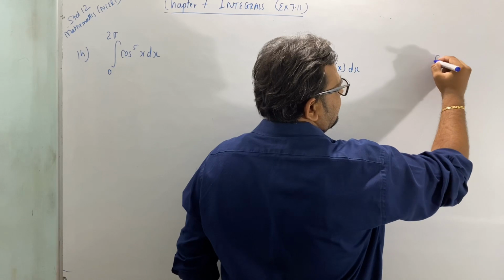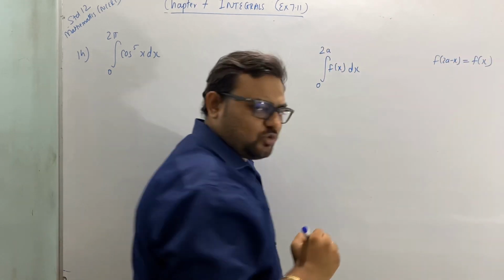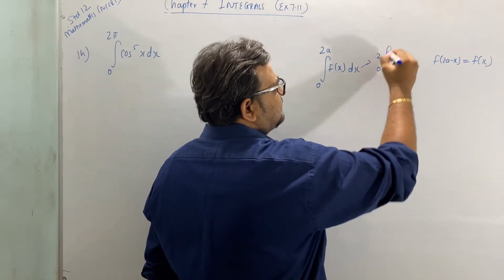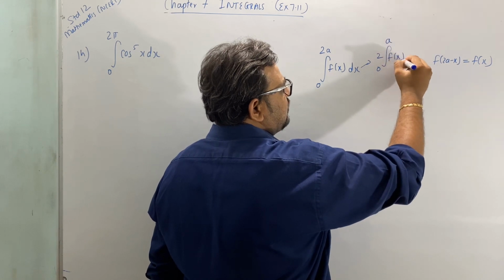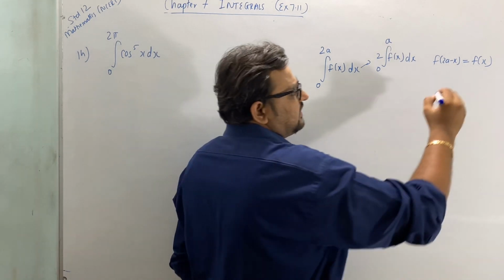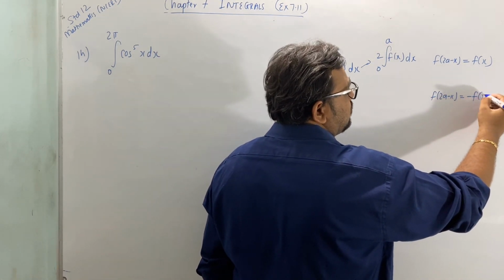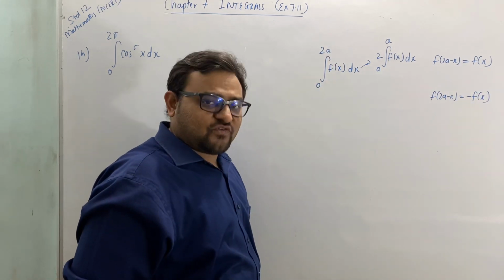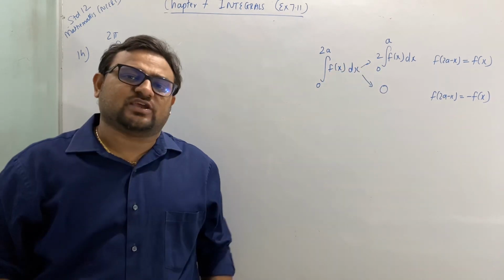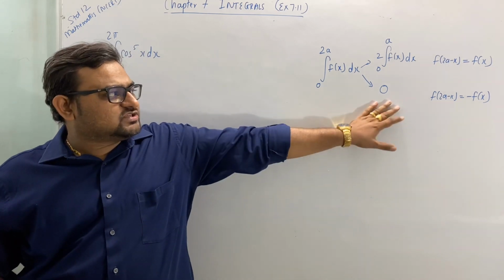If f of 2a minus x was equal to f of x, then this becomes 2 times integral from 0 to a of f of x dx. But if f of 2a minus x is equal to minus f of x, then this integral was equal to 0.